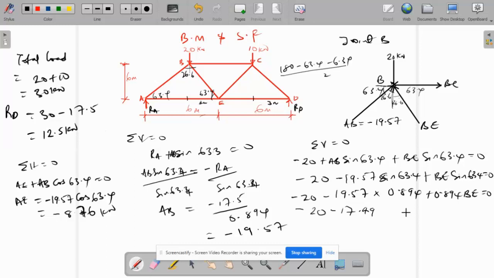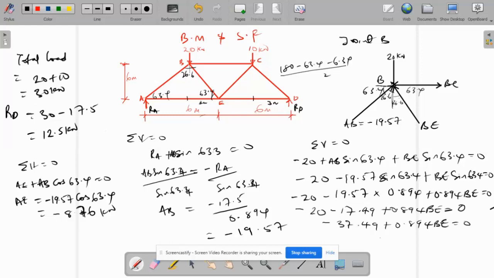Then we have plus 0.894 BE equal to 0. So all we need to do is minus 20 minus this is minus 37.49 plus 0.894 BE equal to 0.